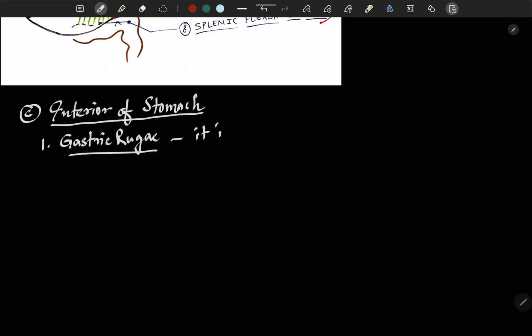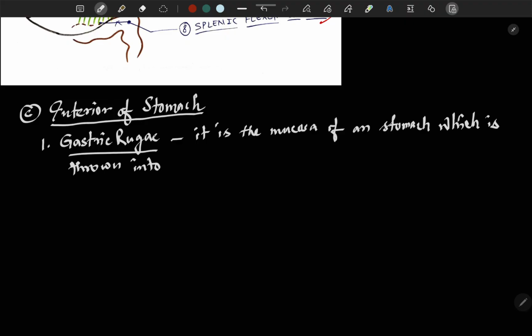It is the mucosa of the stomach which is thrown into folds, formed as gastric rugae.